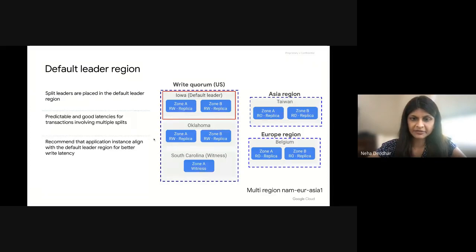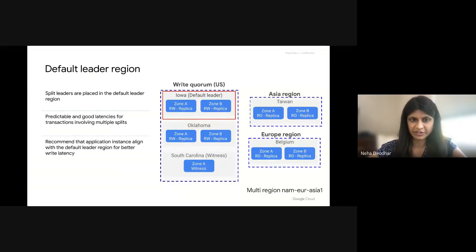Now, if I have a row that I'm writing that's based in a split whose leader is in Iowa, then my write will see a high latency. So what ends up happening is that we see unpredictable latencies if the split leaders are spread across different regions, because depending on which region your application runs in and which region the split leader might be in, you'll see different latencies.